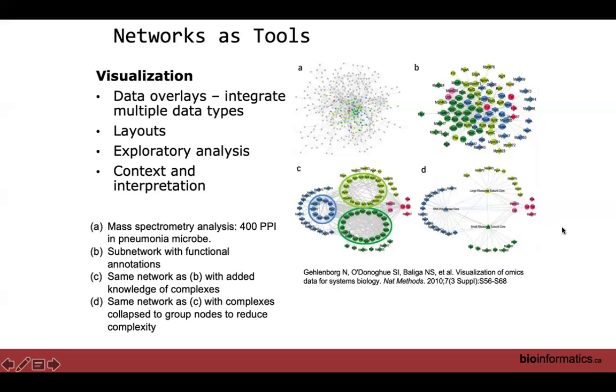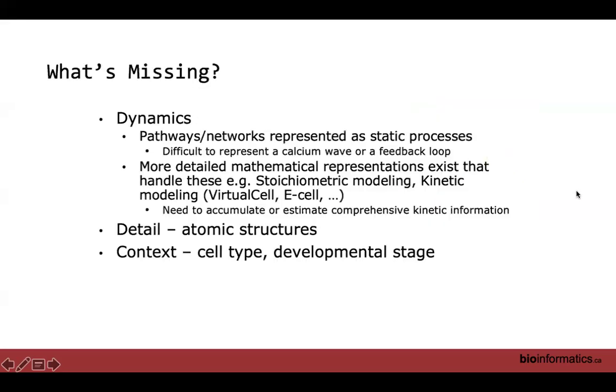So another really cool thing we can do with networks is visualize them, and how we visualize really determines what the person who's viewing the network is going to see. Okay, so one important thing that is missing from these networks is dynamics. When we look at these networks, they are showing a lot of information, but they're not showing the flow of information, meaning we don't know at what point in time this network exists, right?